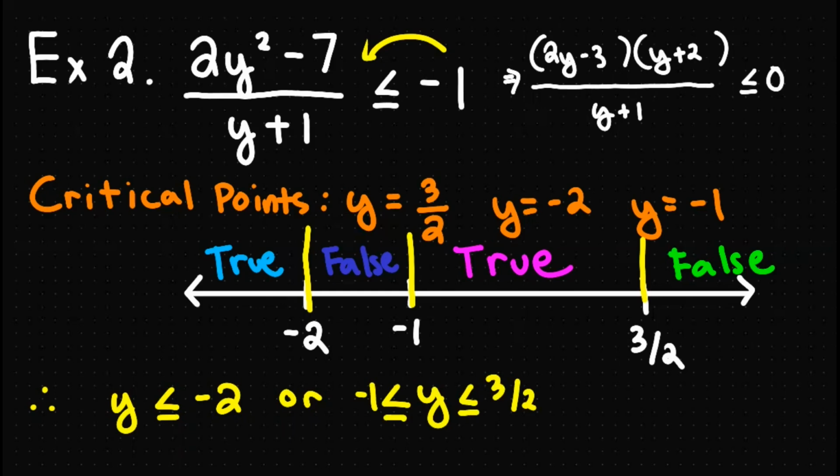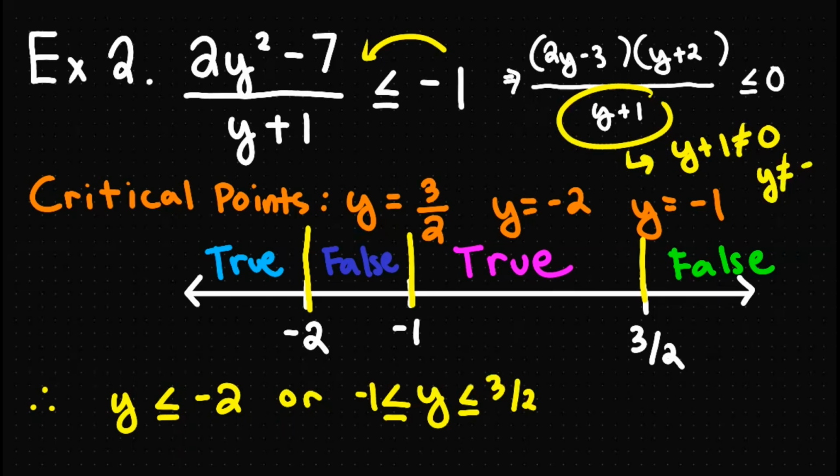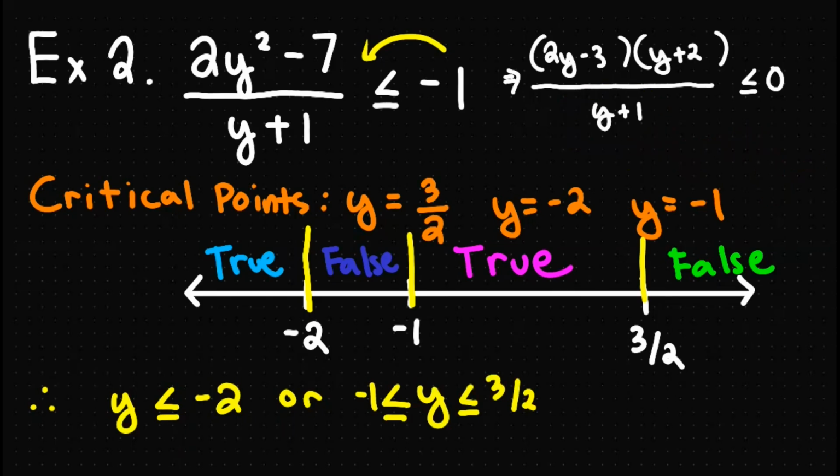But is this correct? Well, for the y is less than or equal to -2, that is correct. But take note that if we inspect the domain out here, y plus 1, we know that y plus 1 cannot be equal to 0. Or that means just y cannot be equal to -1. Since if we have -1, then the denominator becomes 0 and our rational expression becomes invalid.